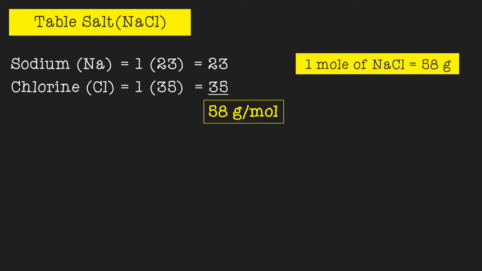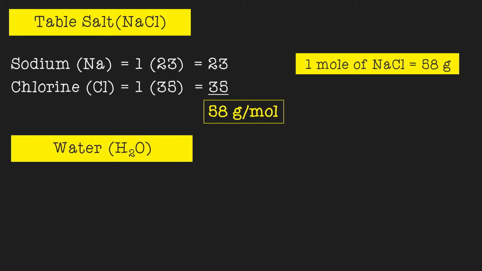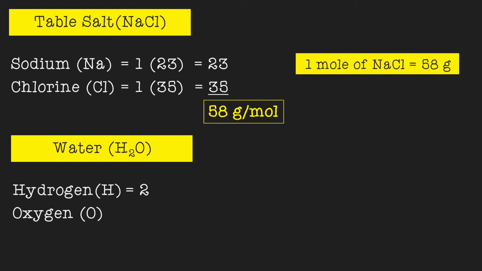Now, let us try to find the molar mass of water. Water is composed of hydrogen and oxygen. Water has 2 hydrogen atoms and 1 oxygen atom. The atomic mass of hydrogen is 1, while oxygen has 16.